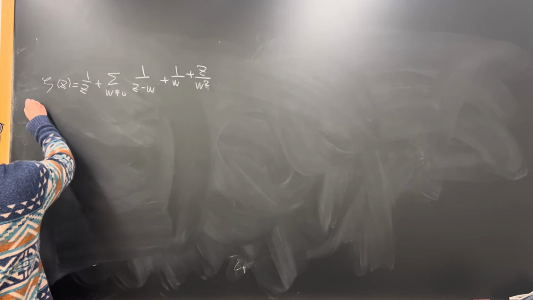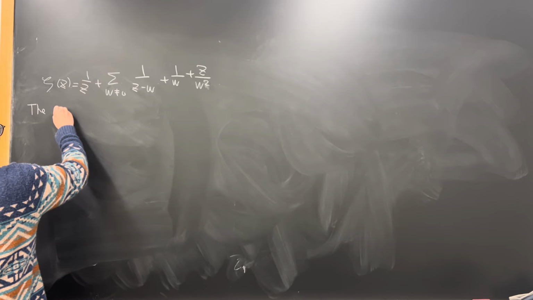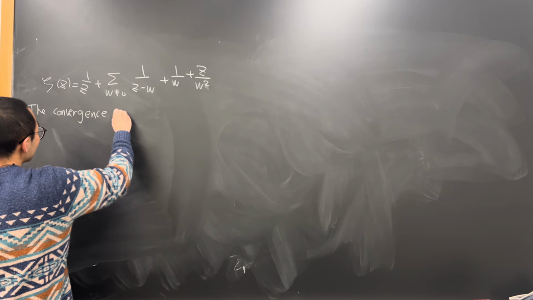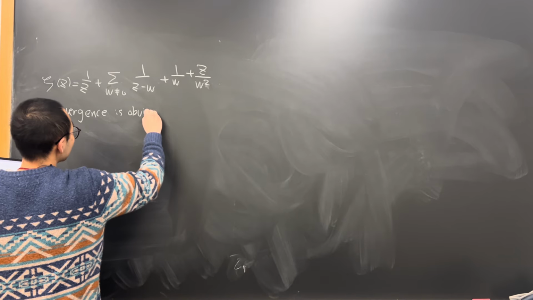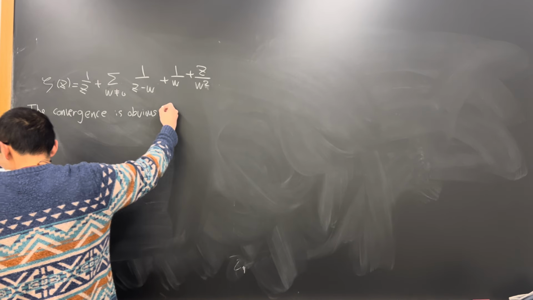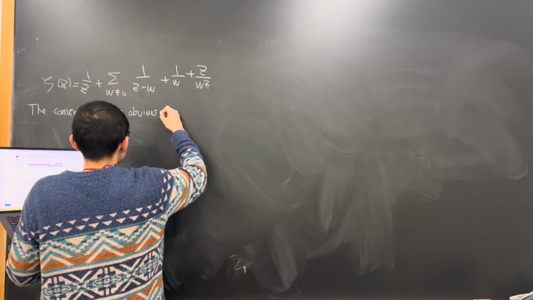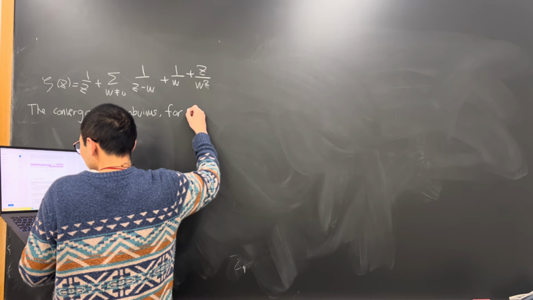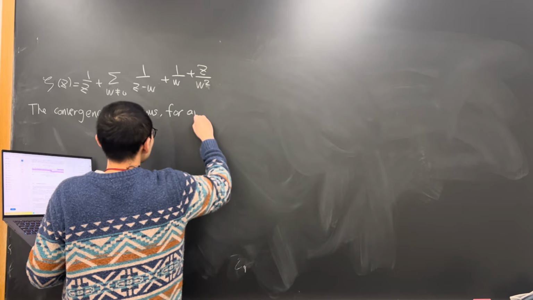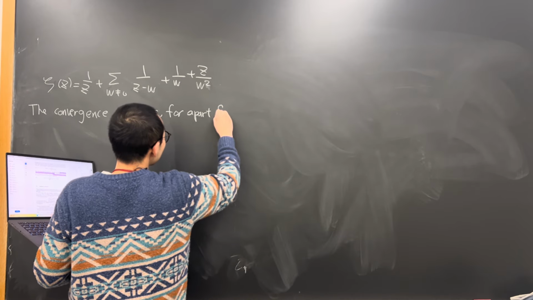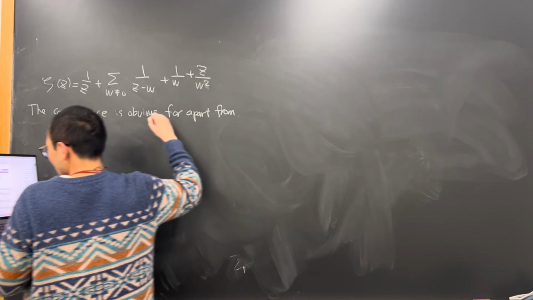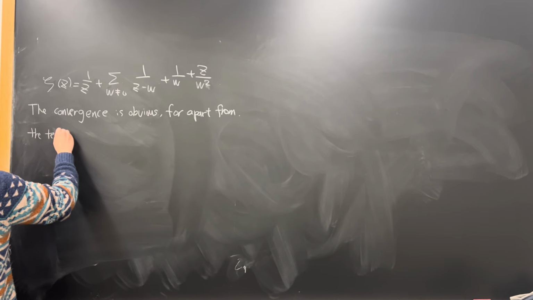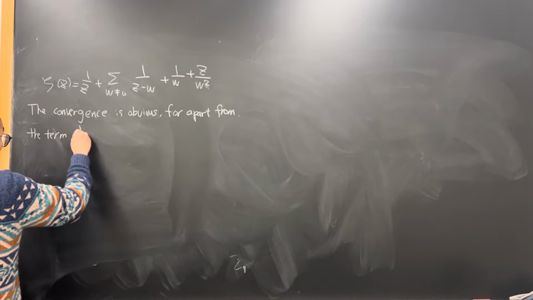Okay, and so then it says that the convergence is obvious apart from the term 1 over z.